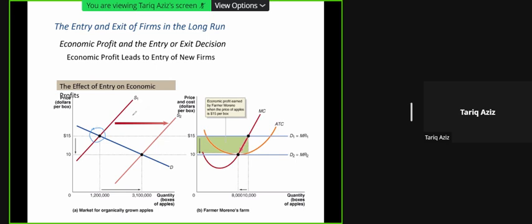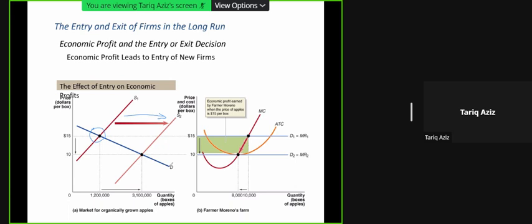But because new firms have entered into the industry, this supply curve has shifted right side, or the supply of that product has increased in the market. The demand curve we are assuming to be same.